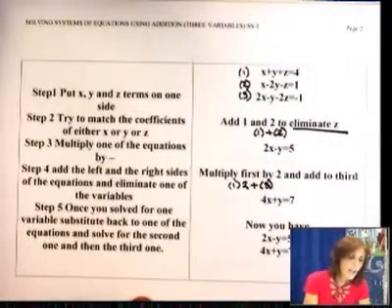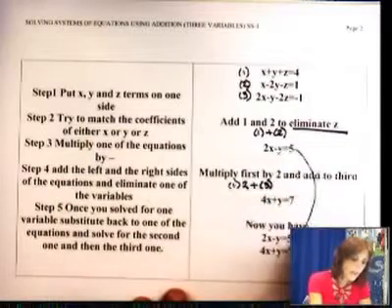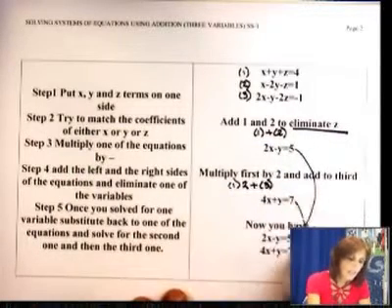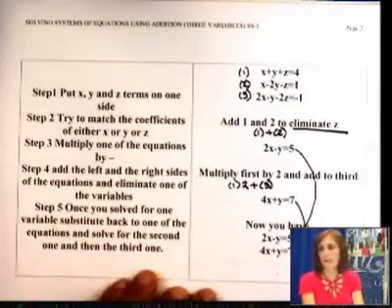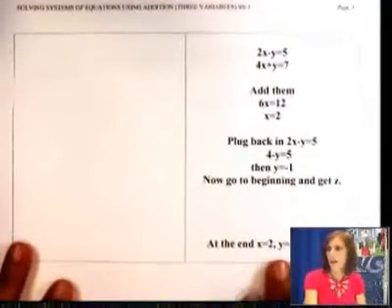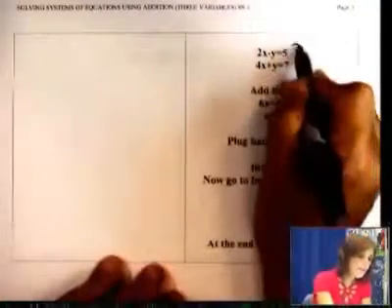All right, good. Now I rewrite. Look what happened. Now I have 2x minus y equals 5 and 4x plus y equals 7. Hopefully you see that. All right. Now in this page, I have the equations again.